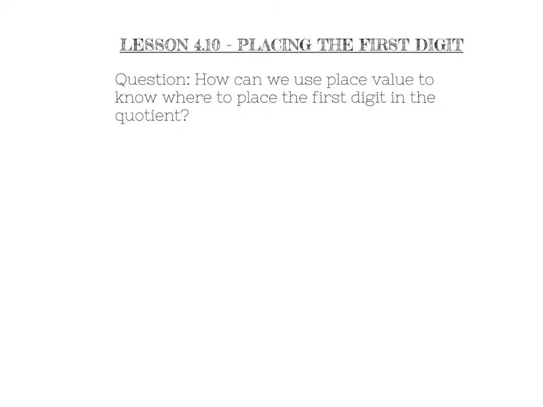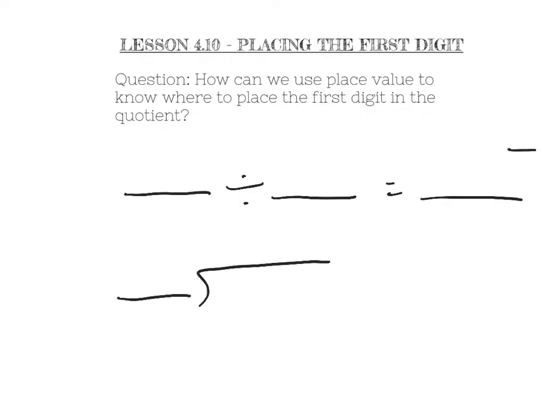It's been a little bit, so let's go ahead, and I'm going to draw out my division. Bear with me. So these are the two ways we do division problems.